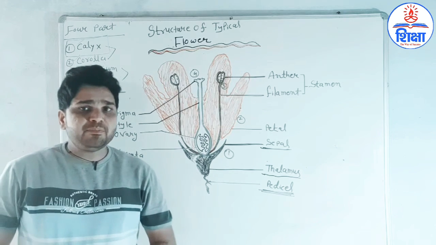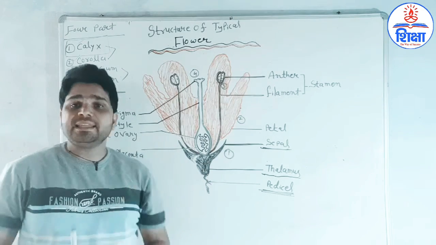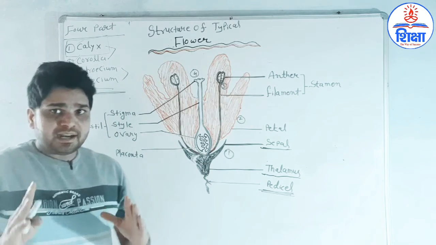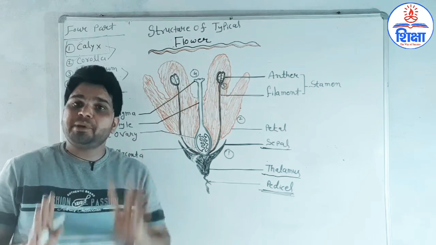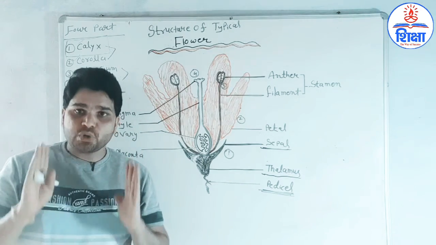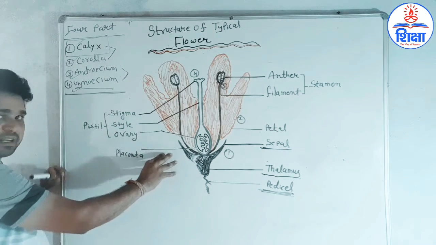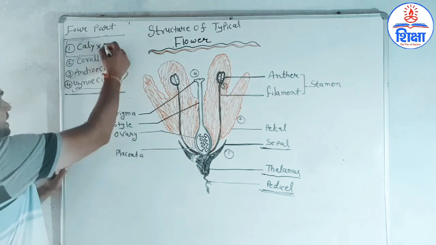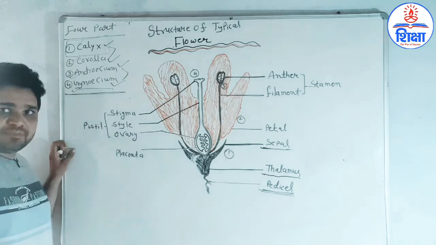Thalamus is a very important part of the flower because all the parts of the flower attach to the thalamus. Generally, a typical flower is made up of 4 whorls or 4 parts: calyx, corolla, androecium, gynoecium.